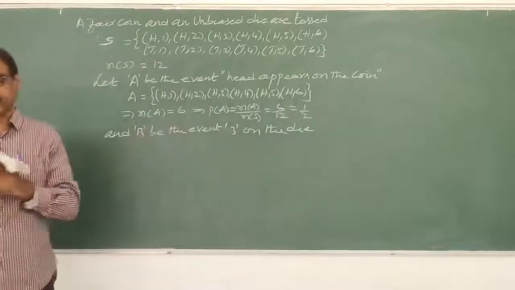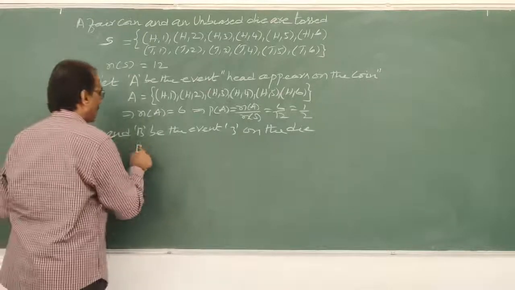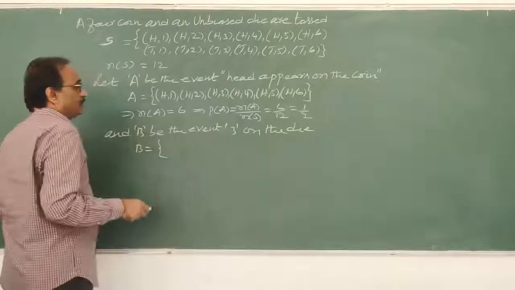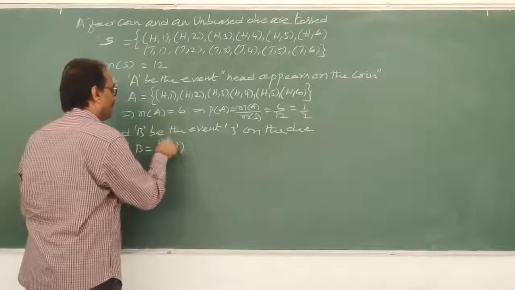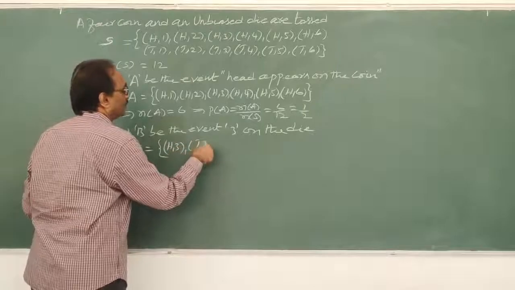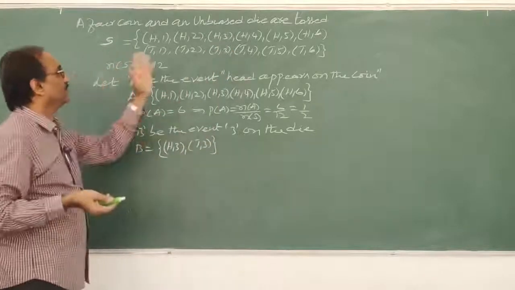So this is problem number 3. 3 on the die means what sample points are there? Head comma 3 and tail comma 3. Only 2 are there, no other 3 exists.